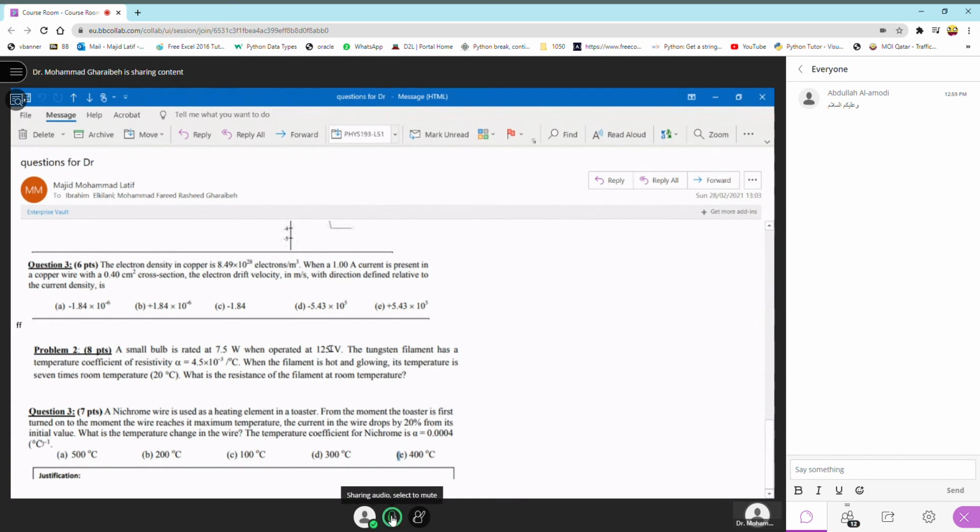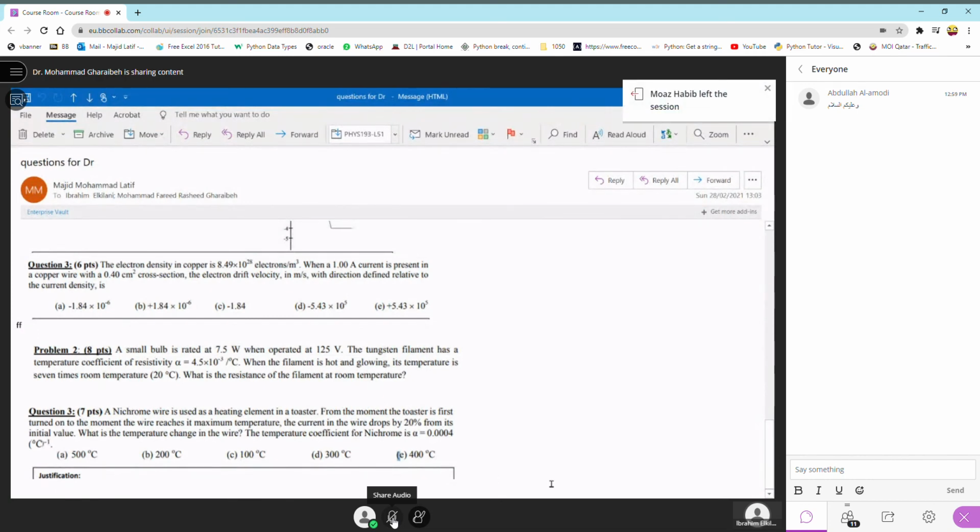Okay? So you need to find R0, which is at room temperature, which is 20 degrees. The temperature is 7 times, so 7 times 20, that's 140. So this rating, 7.5 watt and 120 volt, is while it is in operation, not when it is on the shelf.